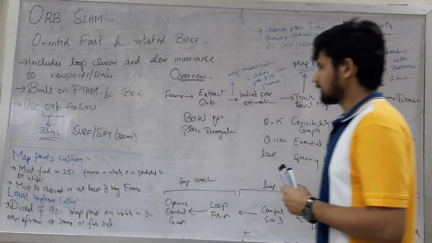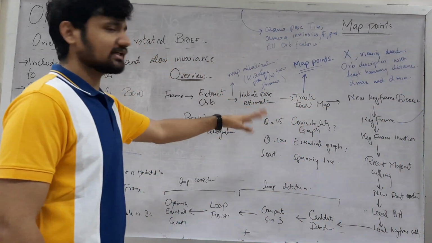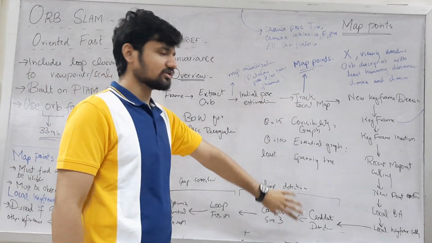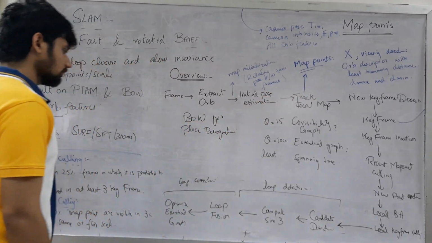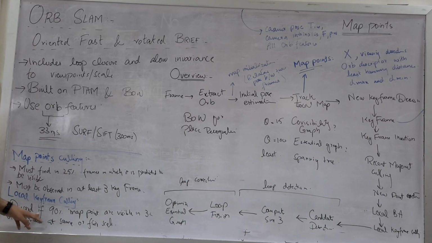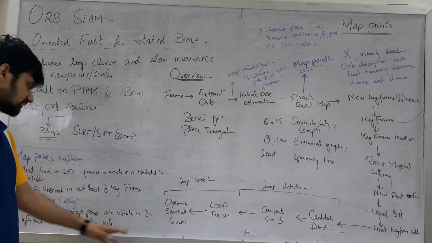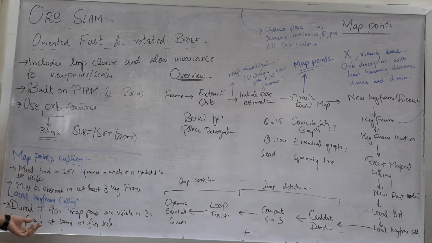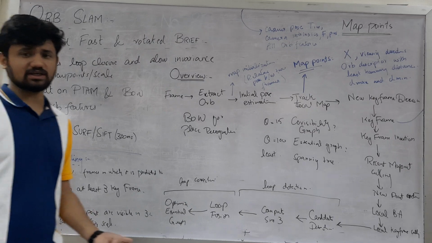Then local keyframe culling. Similarly, as you know, you were collecting keyframes with a generous policy. Now you need to cull some. So you will cull the keyframe, delete or discard it, if 90% of its map points are visible in 3 other keyframes at the same or finer scale.